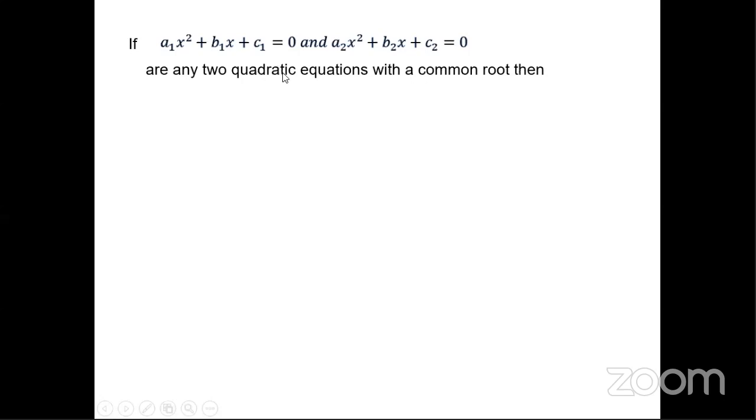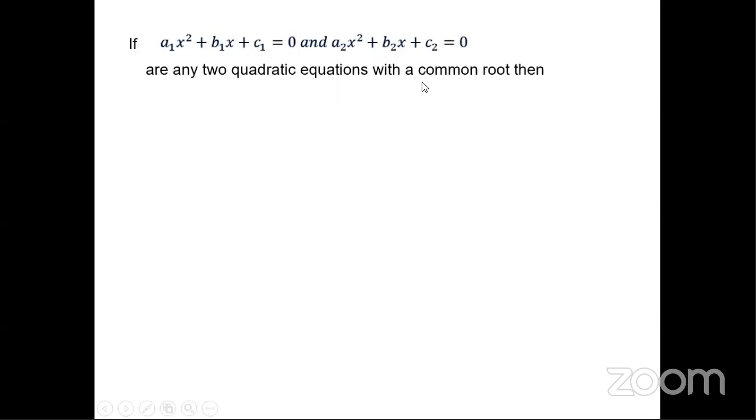So you can compare only when you have two or more equations. So here we will take a case of two quadratic equations. The two quadratic equations given are a1x square plus b1x plus c1 equal to 0 and a2x square plus b2x plus c2 equal to 0. When you have two equations, only then can you compare, right?